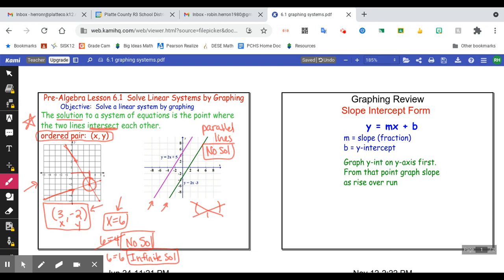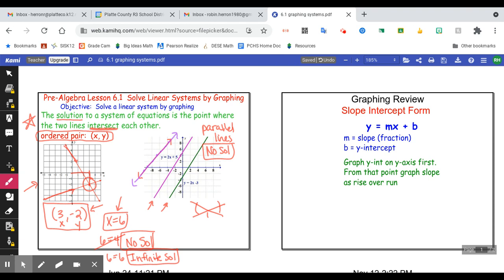All right? Now, on the flip side, what would it look like if a line intersected at every single point with another line? So if I draw a line here and I want another line to intersect it at every single point on that line, in order to do that, I have to draw another line right on top of this line.